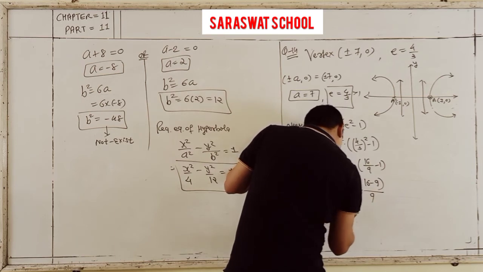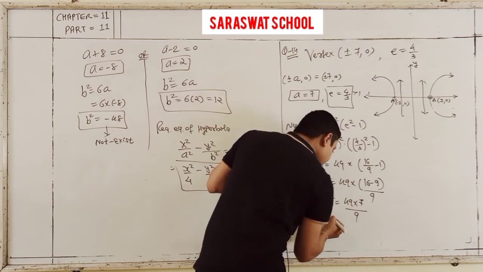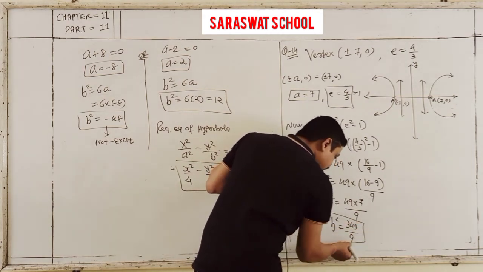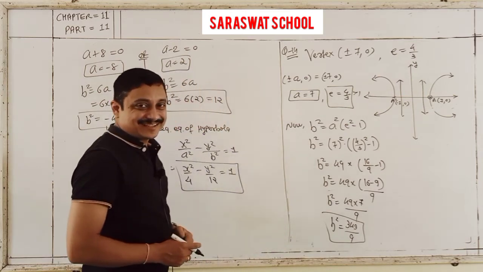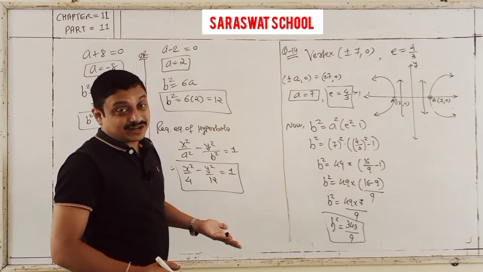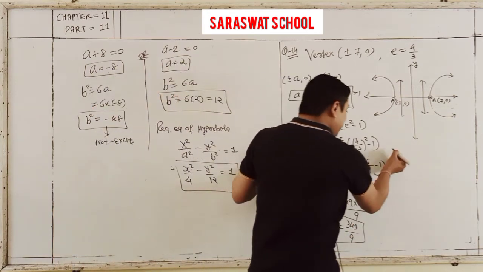So b square is equal to 49 times 7 by 9, and 49 into 7 is 343 by 9. Yes, 7 nines are 63, 6 carry, 7 fours are 28, 34, and this gives b square and a square, I will complete my answer.